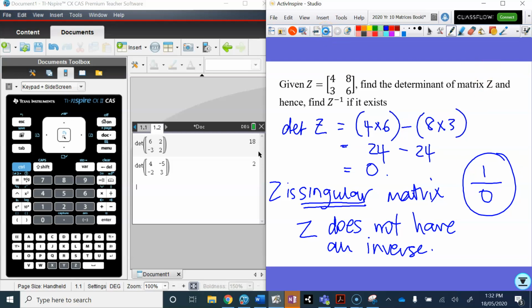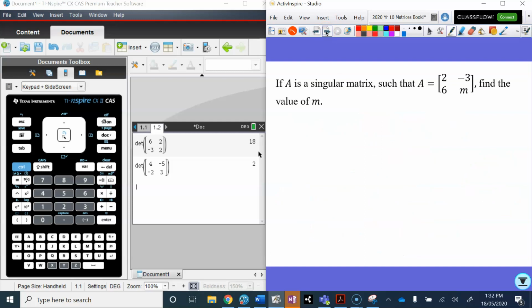So we often see questions using that singular matrix terminology, and it says to us if matrix A is a singular matrix.